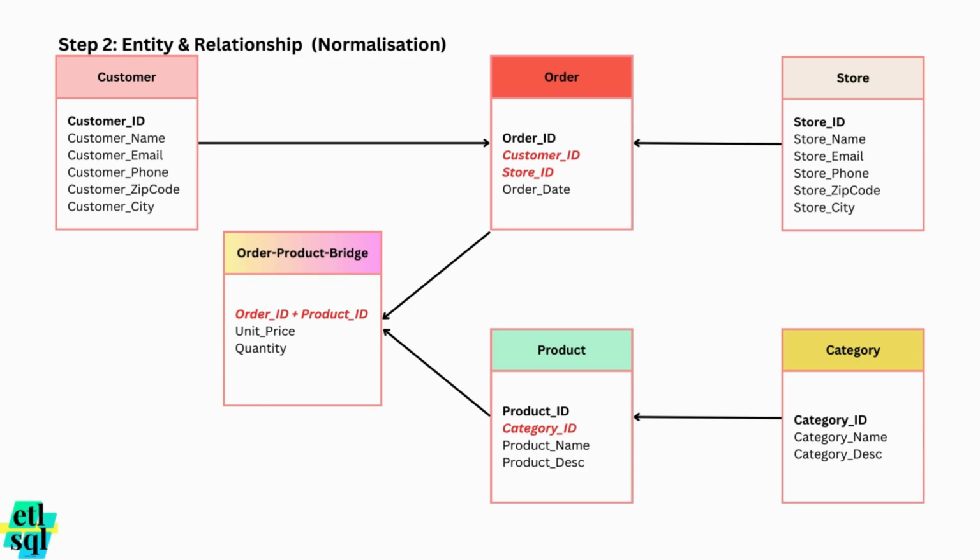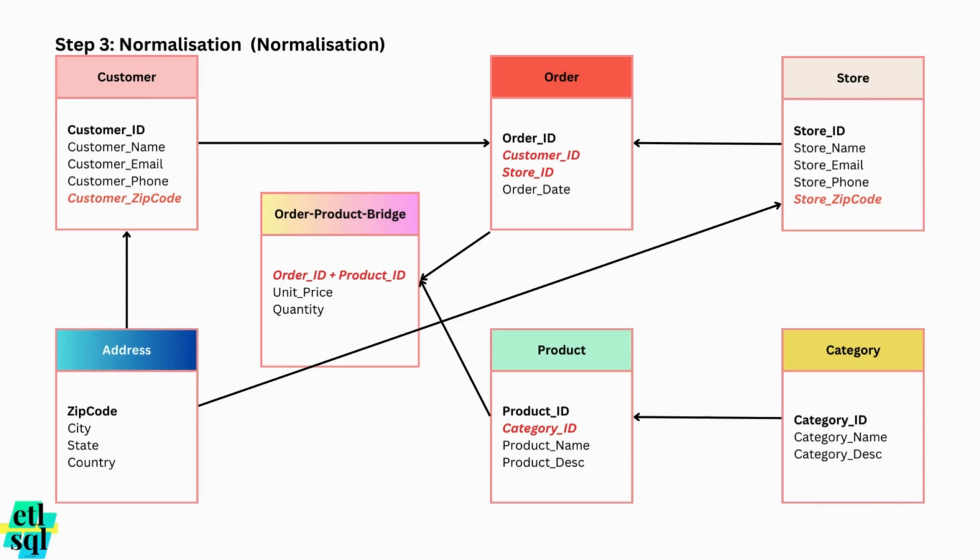Not yet. Because if you see here, the non-key columns, which are like zip code and city, those are not dependent on store ID, right? So what we do in this case is we do the normalization. We split the columns into a new table and we source the ID from here.